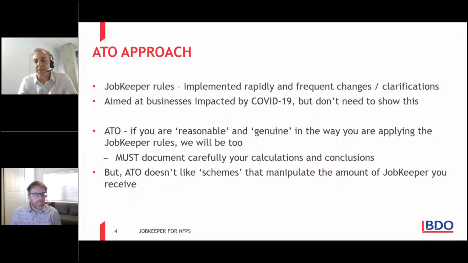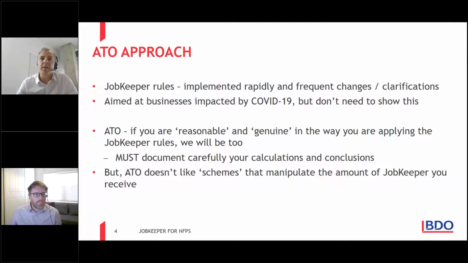Now, some of the questions that we've been having, and once we start getting into how you work out the decline in turnover test, is that you do need to be able to project what your revenue is going to be. And some people have been concerned about, well, what happens if I get that calculation wrong? You know, what happens if instead of a 15% reduction in my turnover, I end up at 14%?